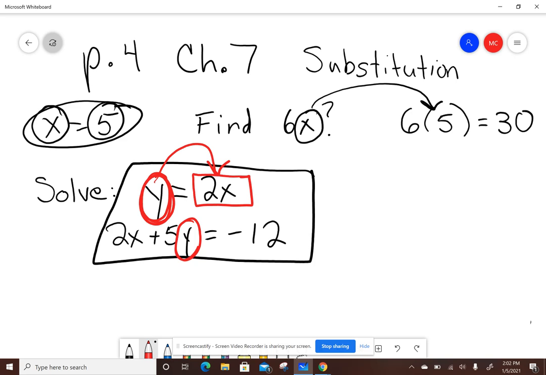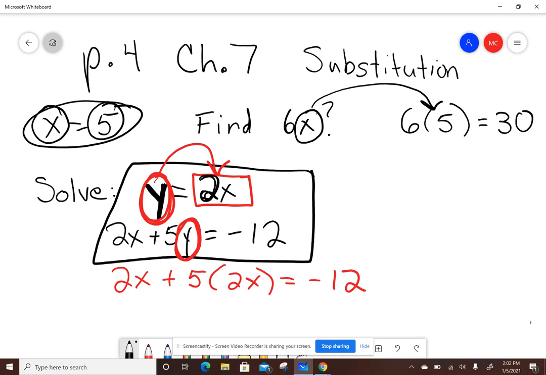So down here, instead of me writing 5y, I'm going to write 2x plus 5 times 2x equals negative 12. What did I do? Wherever I saw a y, I wrote 2x. So instead of writing 5y, I wrote 5 times 2x.